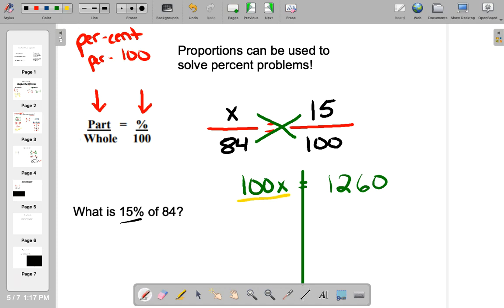I'm going to divide both sides by the coefficient of x, which is 100. And I get x is equal to 12 6/10, or 12.6. And decimals are just fine when we're working with percent problems, and they're just fine when we're working with proportion problems. So our answer here is 12 6/10.